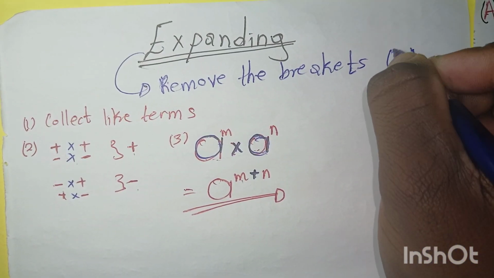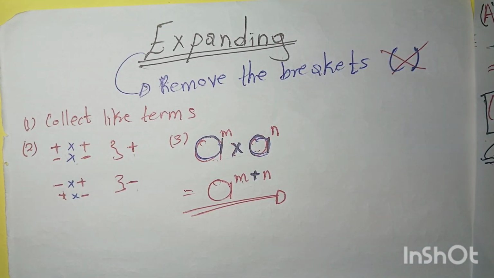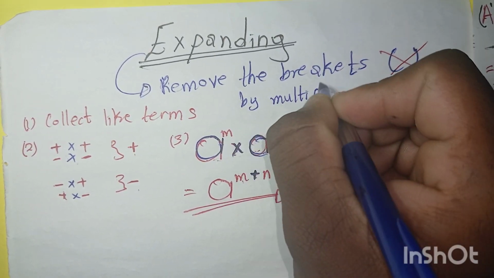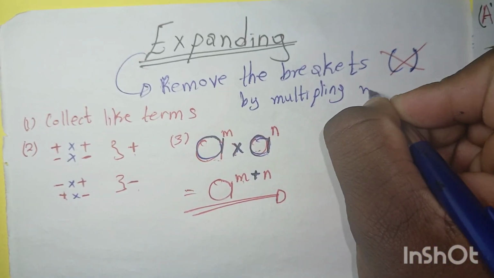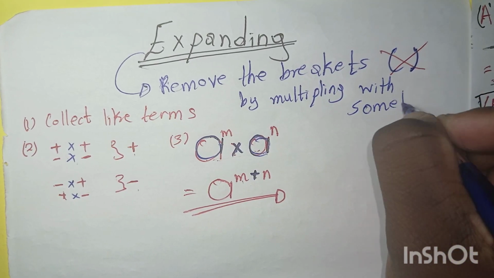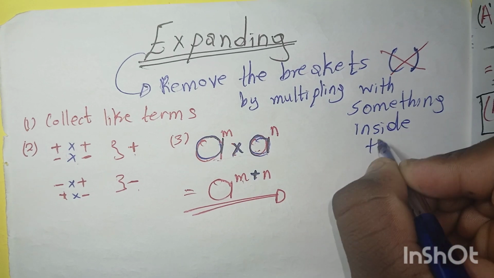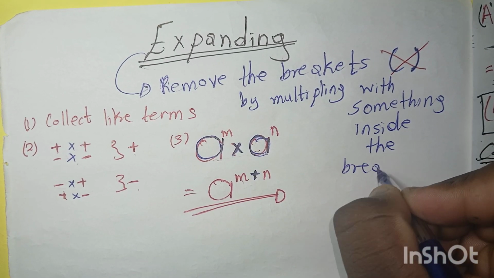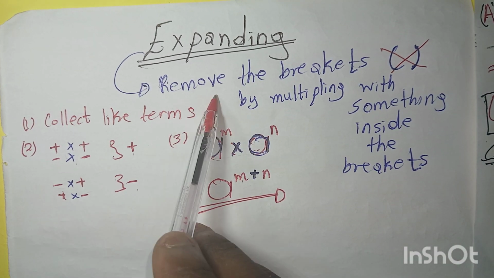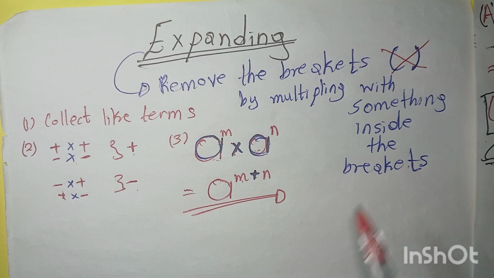You are removing the brackets by multiplying with something inside the brackets.